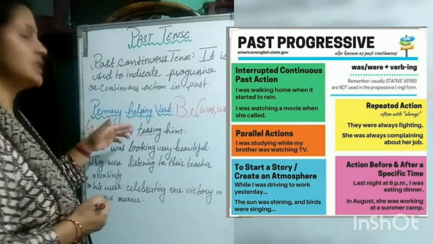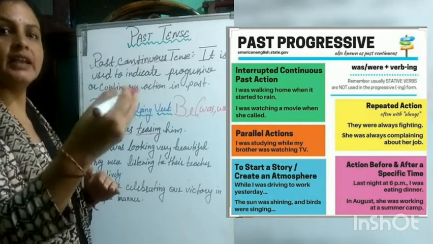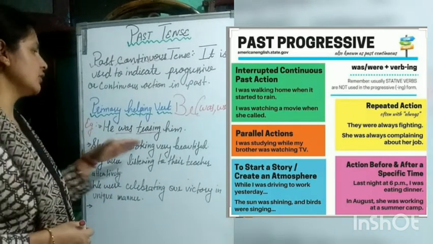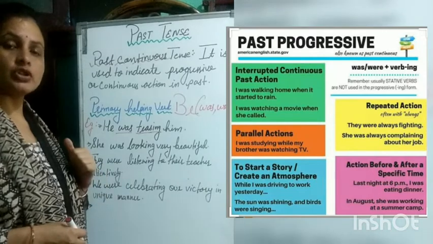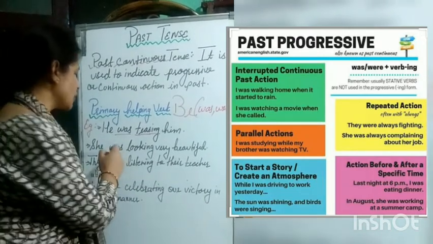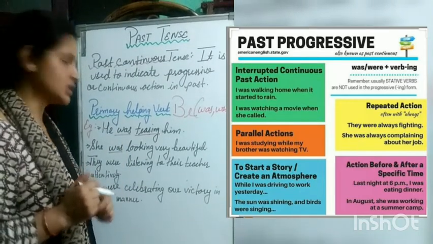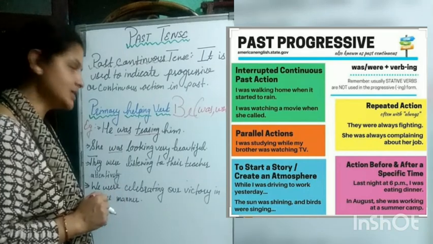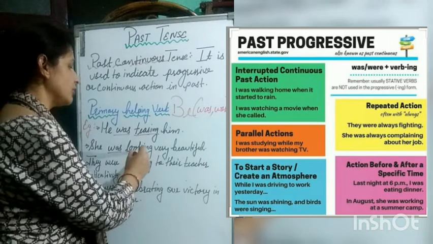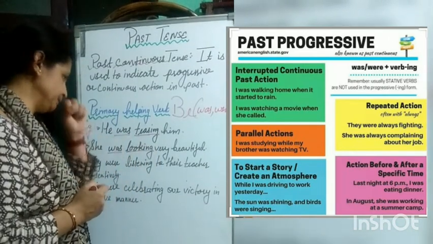So here, "he was teasing him", I found the progressive verb "teasing". Then the second sentence, she was looking very beautiful. She is a singular subject, and "was" is the helping verb of past continuous tense. Now again, look, that is the first form of the verb, and we have added "ing" with it. Okay, that is the rule.